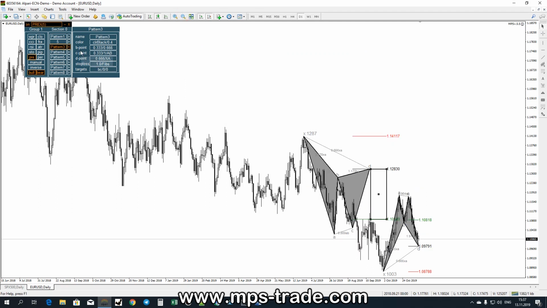And I also added the possibility of XA targets. If you measure your XA leg and project it from your entry, you will see that this is your XA leg. I'm talking about this bear pattern, so let me disable the bull one. Unfortunately, the pattern didn't complete. I'm simply using it as a demonstration.